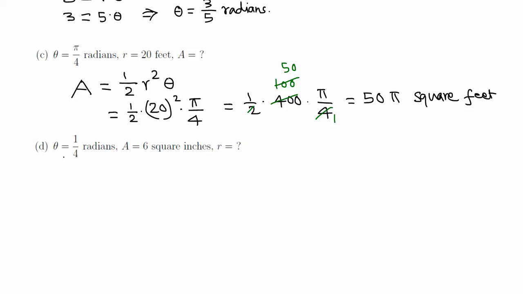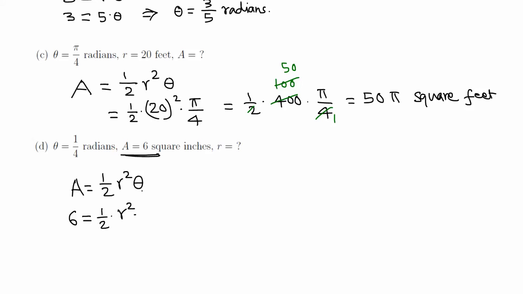Part D, area, so we need to use the formula. Area is half r squared theta, and we are trying to find the radius r, so we need to work on both sides. So let's plug in, A is 6, so 6 equals 1/2 times r squared, that's what we are trying to find, times theta.